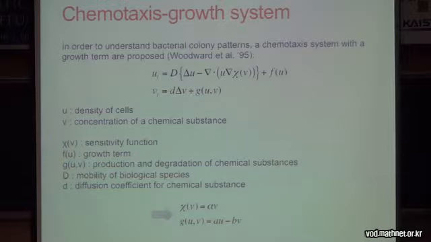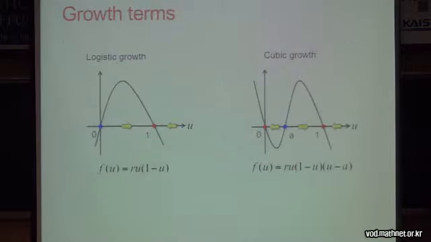So I talk about the growth term F of U. Several growth terms are proposed. Here we mention two growth terms. One is the logistic growth. Probably you know, F of U is R U times 1 minus U. R is some constant; R means a growth rate.